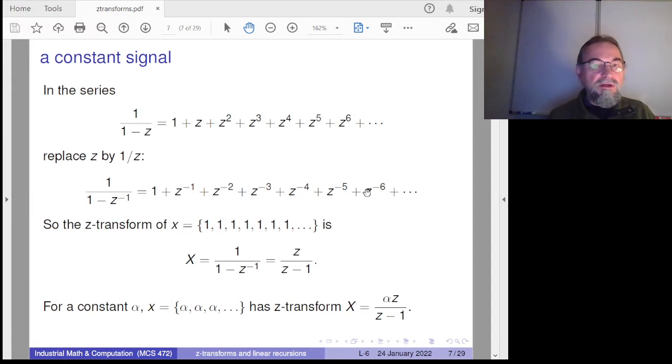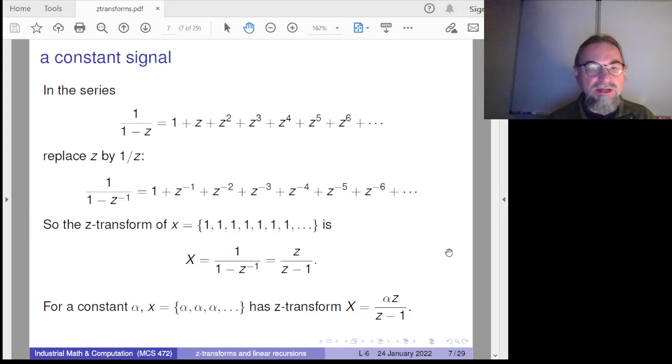If we put this series into the format of the z-transform, so instead of having powers of z, we are dividing by larger and larger powers of z, it turns out that this series corresponds to the constant signal 1, 1, 1, 1, 1.